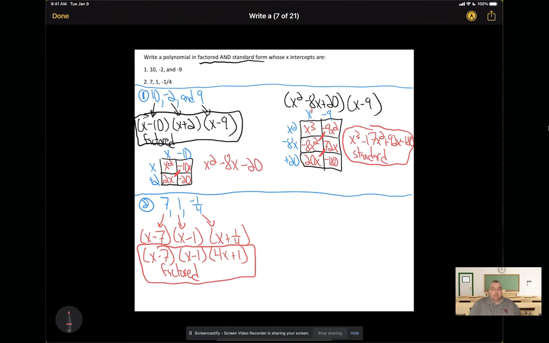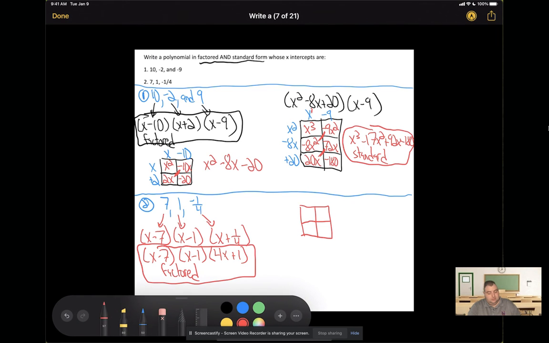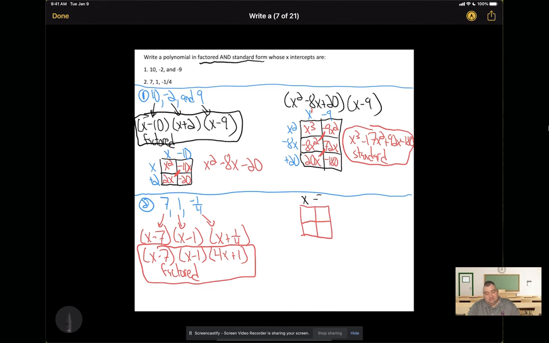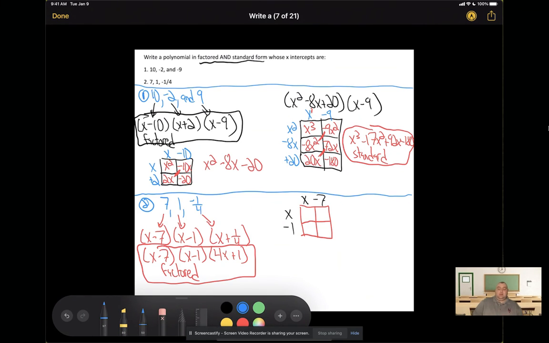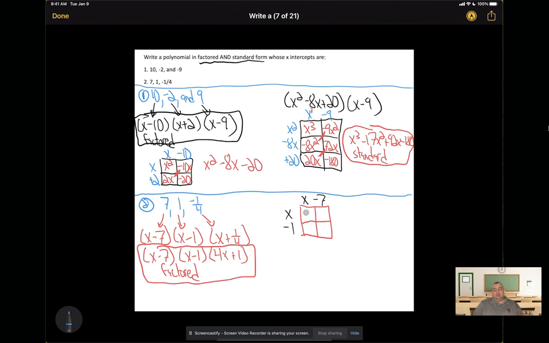So let's go ahead and multiply that out. So I'll start off with a 2 by 2 box like I did before. So I'll do x minus 7 and x minus 1. So top left is going to be x times x. So that's going to be x squared.